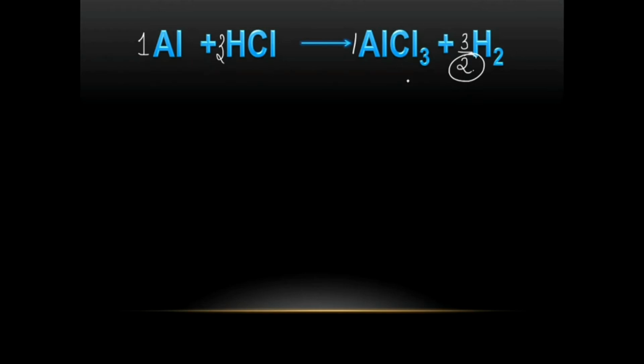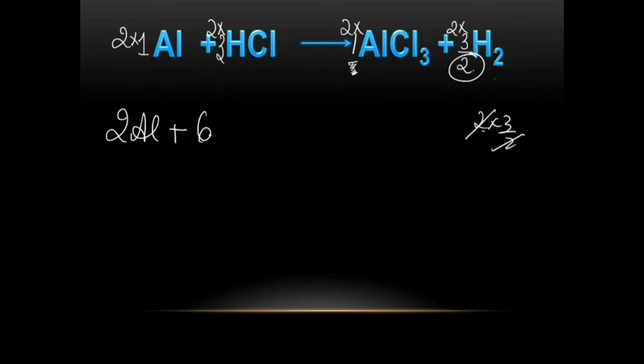If there are any other denominators, we will take the LCM other than 2. If it was 1 by 3 like this, then with 3 and 2 you would have multiplied by 6. Now here only 2 is there, we'll multiply with 2. So 2 into this one, 2 into this one, 2 into this one. In this case what happens? 2 into 3 by 2, 2 and 2 cancel. So what is our final balancing?